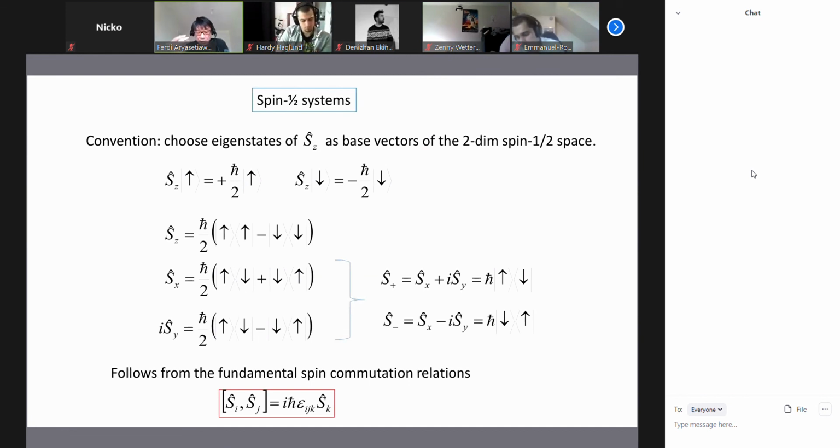So conventionally, we choose Sz as our choice of base vectors. So we choose the eigenstate of Sz as our base vectors. So we then have a two-dimensional Hilbert space, spin up and spin down, with eigenvalue plus h bar upon 2 and minus h bar upon 2. We have here.